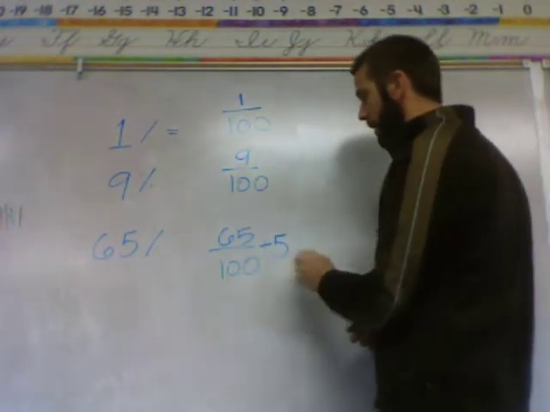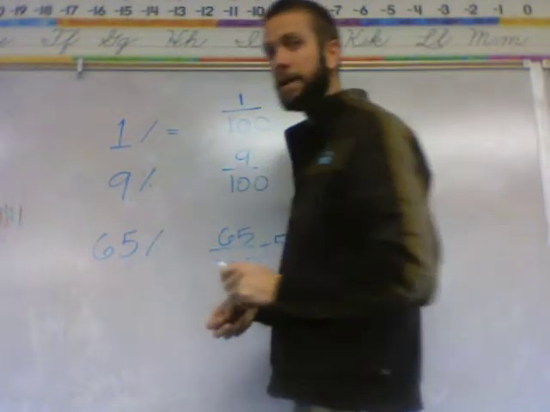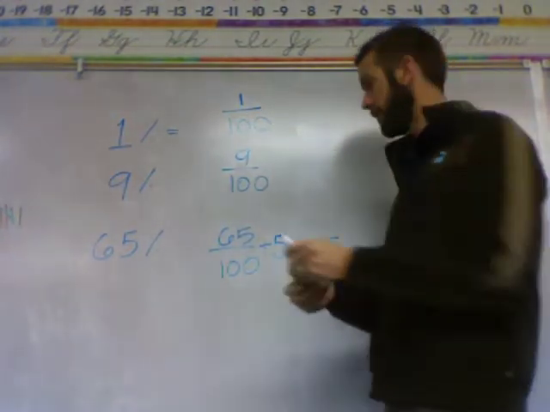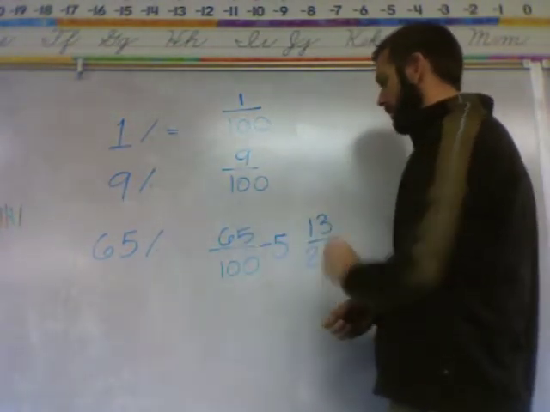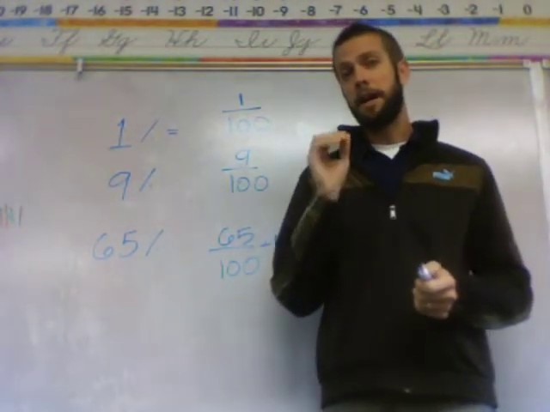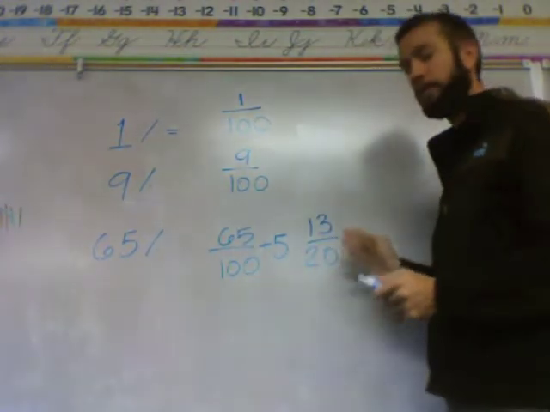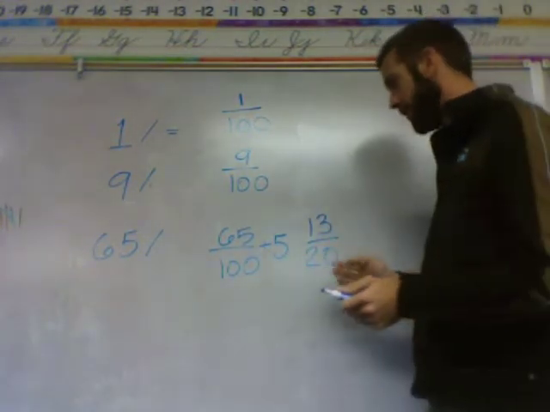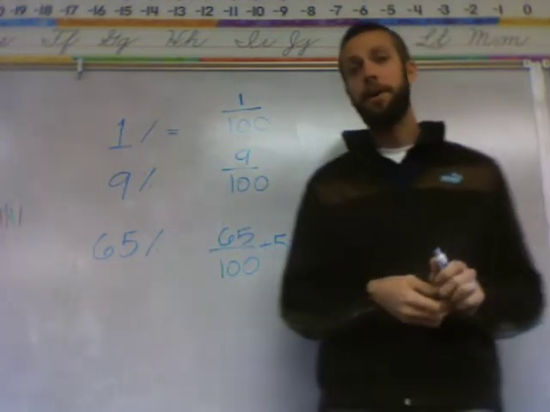So 100 divided by 5 is 20, and 65 divided by 5 is, count them, there's 10 for 50, and 3 more would be 13. 13 20ths. Now, you gotta also look at that fraction and see, can you keep reducing? And with this one, you cannot. 13 is prime, 1 and 13 can go into it, and 13 does not go into 20, so you're done with that one.